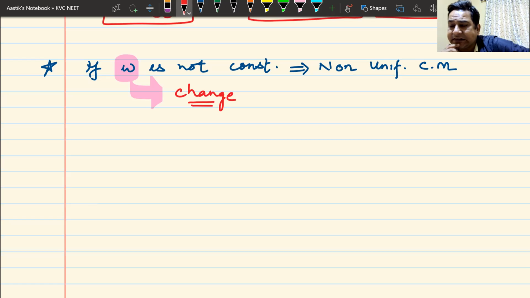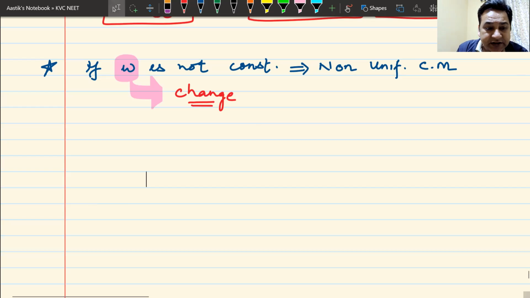angular acceleration. And that is the next heading. Please write angular acceleration. Angular acceleration means that the angular velocity of the body is changing. Do I make myself clear?